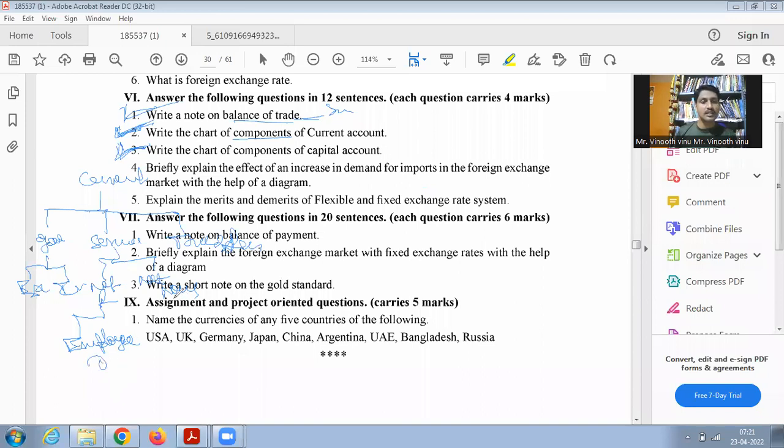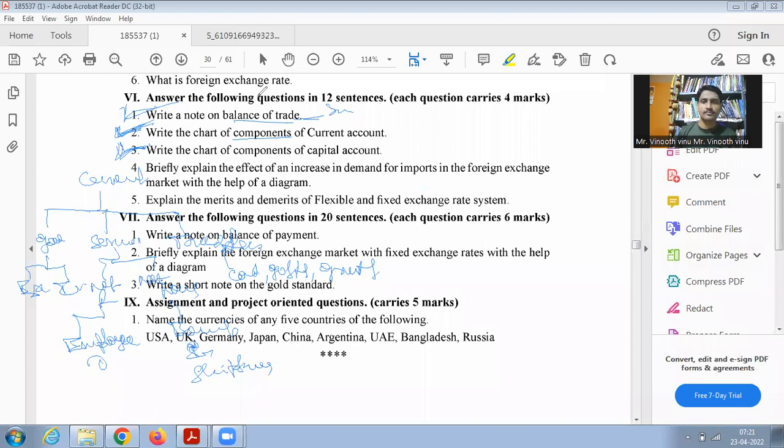Both are maintained. Net non-factor income covers banking, insurance, shipping, earned by one country in another. Transfer payment is contributions, gifts, and grants given.